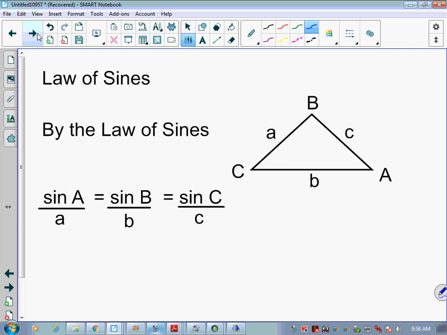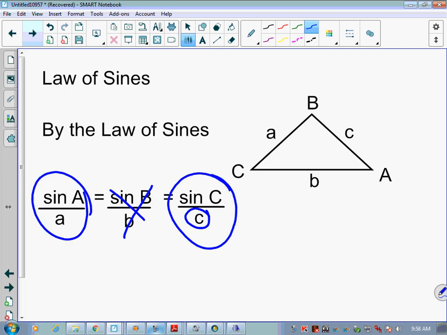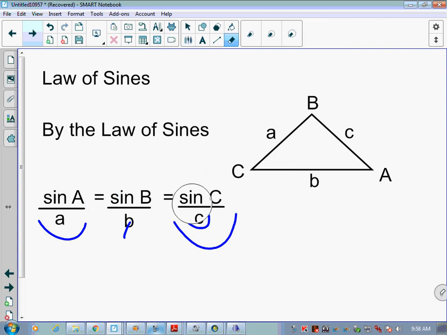If I'm looking for, say, C, I can set that ratio equal to that ratio. I can do A to C, or B to C. I can use any 2 sine functions. You follow me? This is to find some missing lengths.